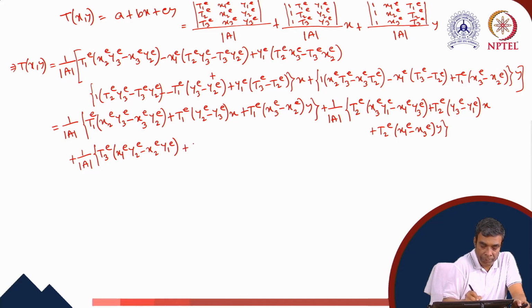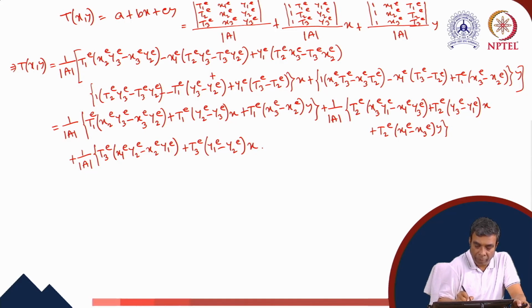Next we go for the x term: in the intermediate term for T3e we have (y1e minus y2e) into x, and for the y term we have finally T3e into (x2e minus x1e) into y.